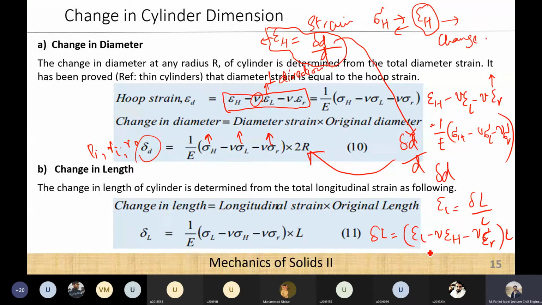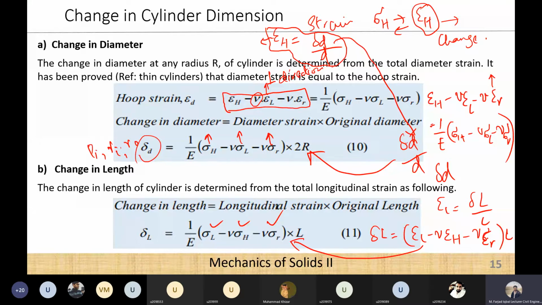Now, if I write this equation in terms of stresses, that will be this equation. Again, we know how to calculate these parameters using our formulation, and we simply have to substitute the values into this equation to figure out the change in length when all the stresses are acting on the cylindrical element.